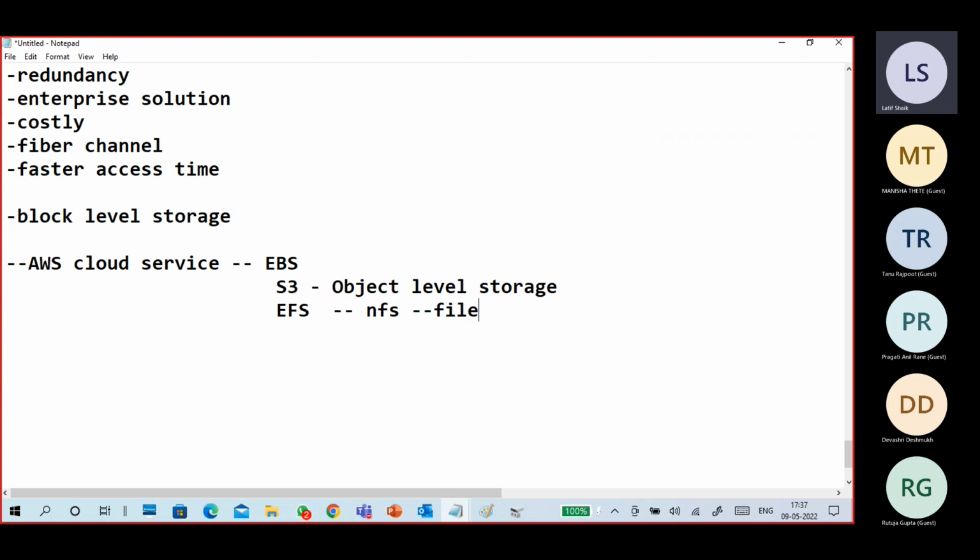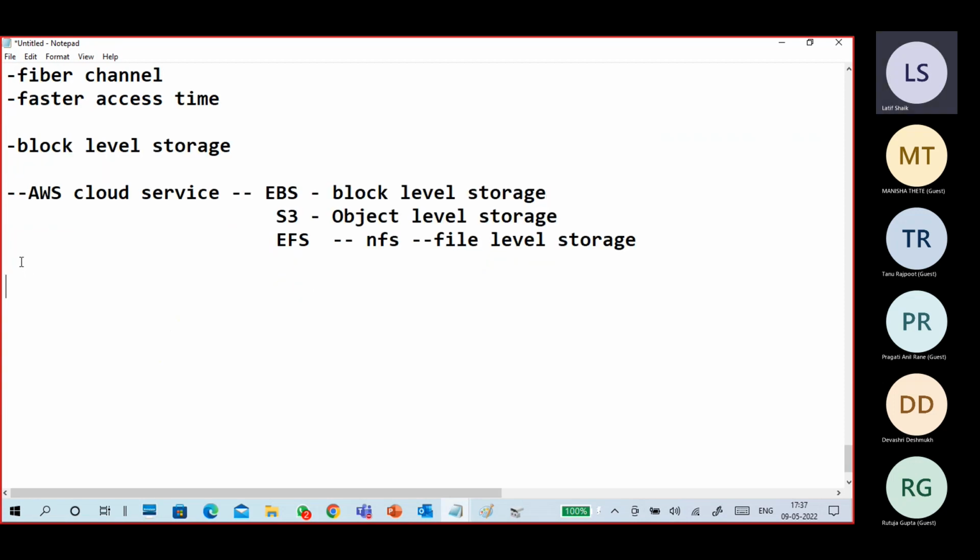And elastic block storage is a block level storage.